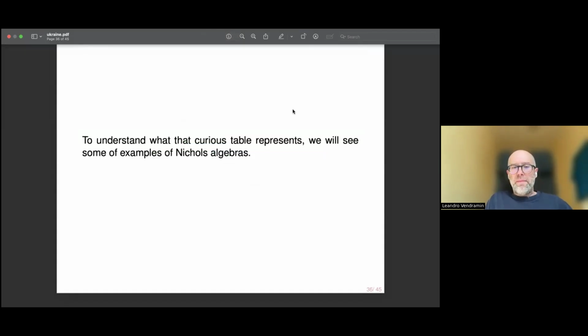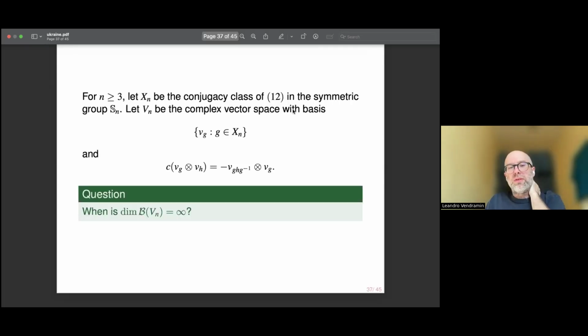Before trying to answer at least partially this question, let me show you an example of a Yetter-Drinfeld module that produces one of these finite dimensional Nichols algebras. Let's say that you fix n bigger or equal than 3, and then you take X_n, the conjugacy class of the transpositions in the symmetric group S_n.